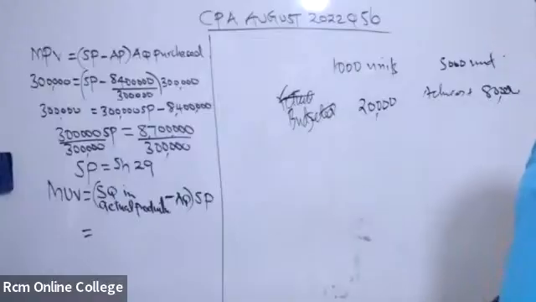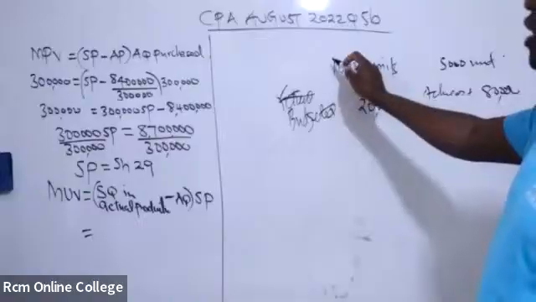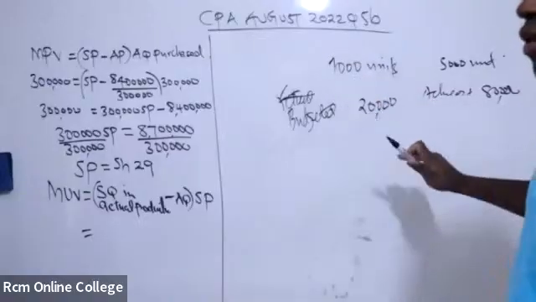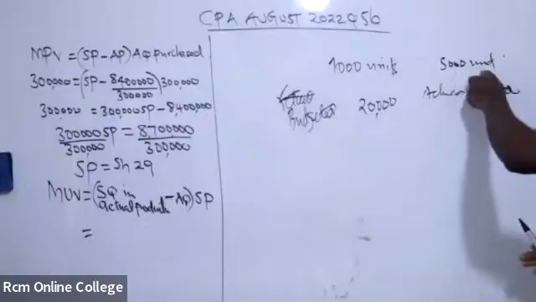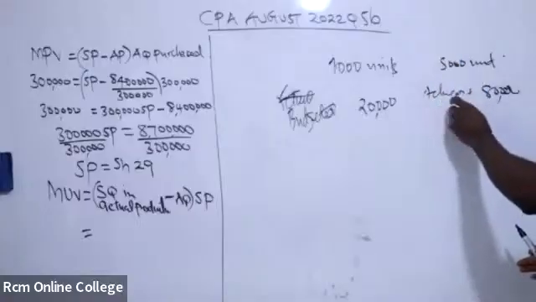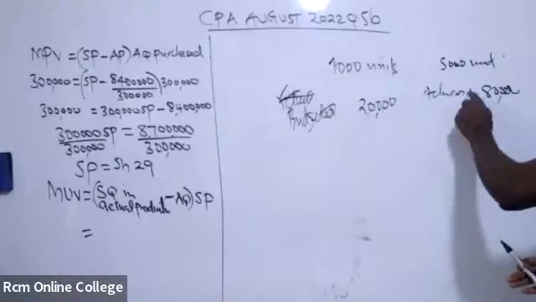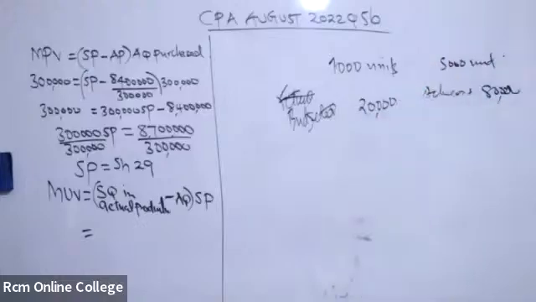It cannot make sense at all. If you did a budget to produce 1,000 units and your budgeted cost was 20,000, your actual production is 5,000 units with an actual cost of 80,000. We can't compare this and say the variance between these two is 60%. No, that cannot work. Why?